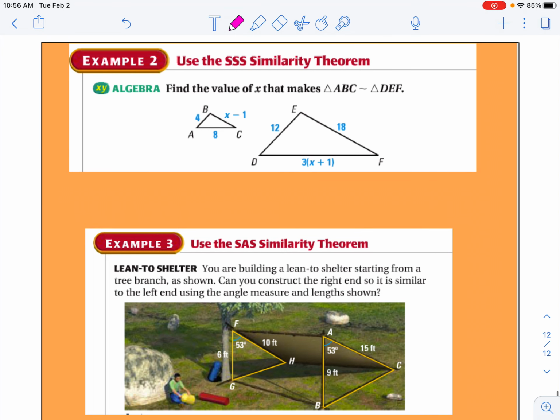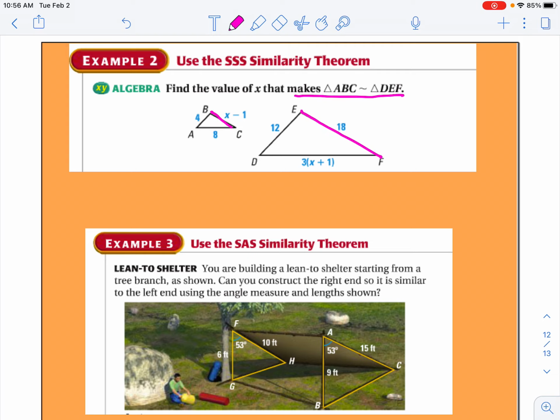Okay, we're going to use the similarity theorem now to actually find a value of x that makes the triangles similar. We are trying to make these similar, so that means side BC right here is corresponding to side EF right here.